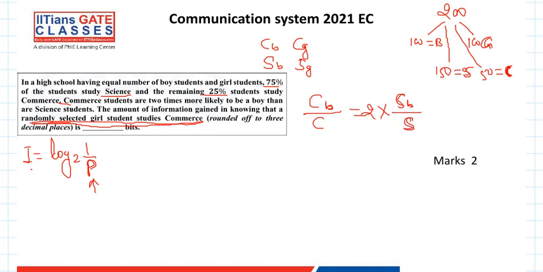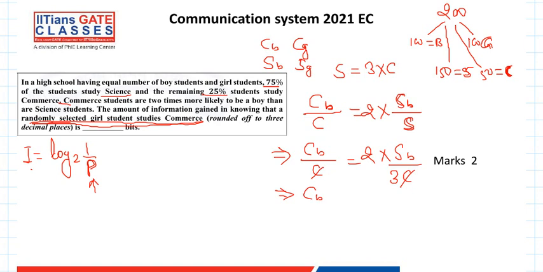This is the relationship given, and one more relationship is that science students are three times the commerce students. So CB equals C times 2 into SB upon S, which will be 3C, and the C will cancel out.